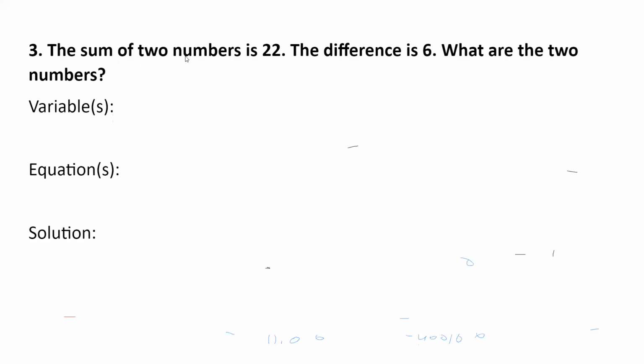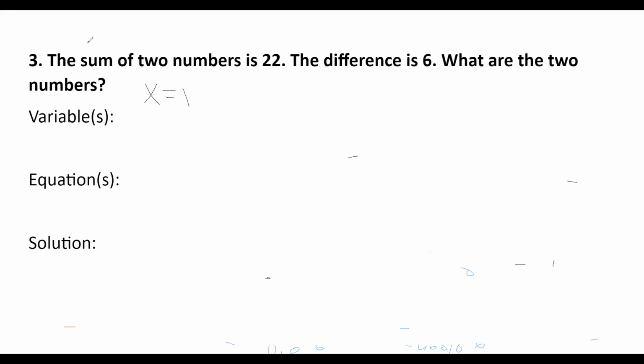So x is going to equal some positive number because we know it's going to equal something positive, and when you subtract, it's going to be positive as well. So we know that x is going to be some positive number, and we know that y is going to be some positive number.